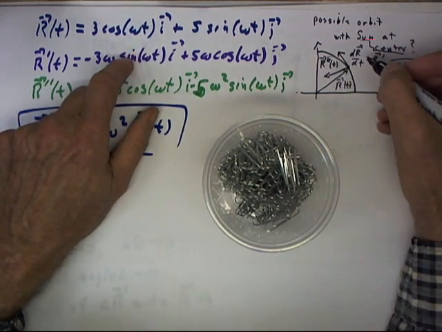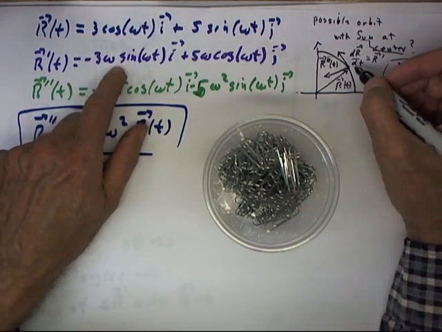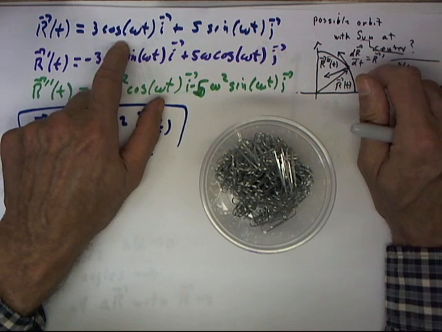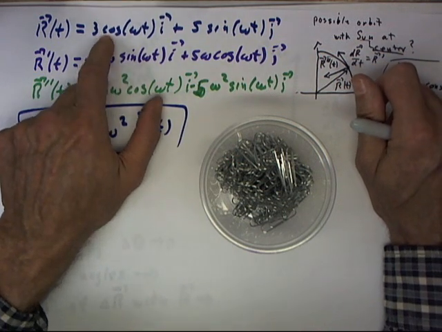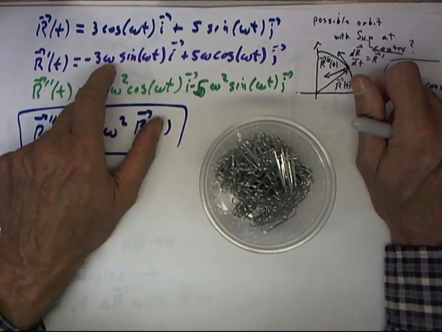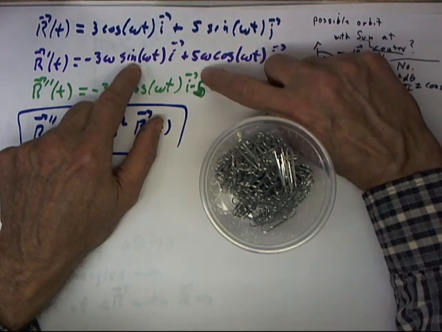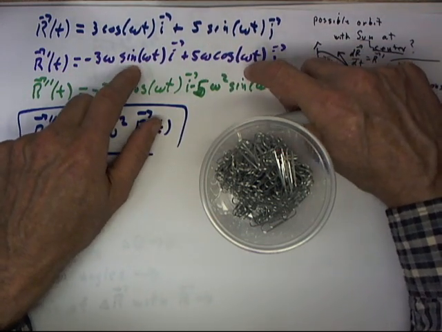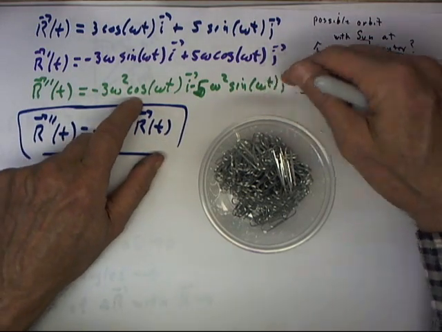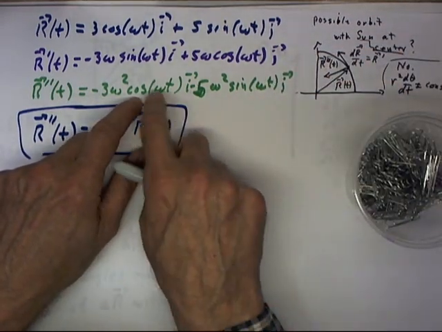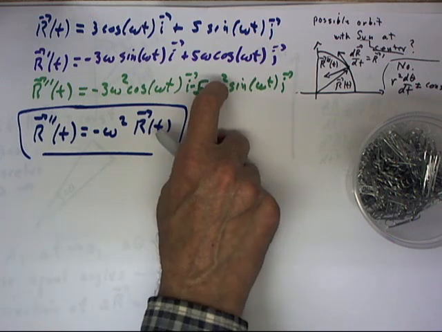Well, we can easily calculate r prime and r double prime, and this is a very simple calculation. The derivative of the cosine of omega t is negative omega sine omega t. The derivative of sine omega t is omega cosine omega t. We take a second derivative, and we obtain this result for r double prime.